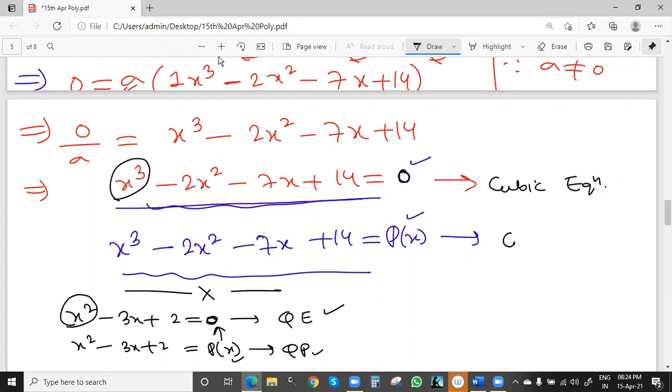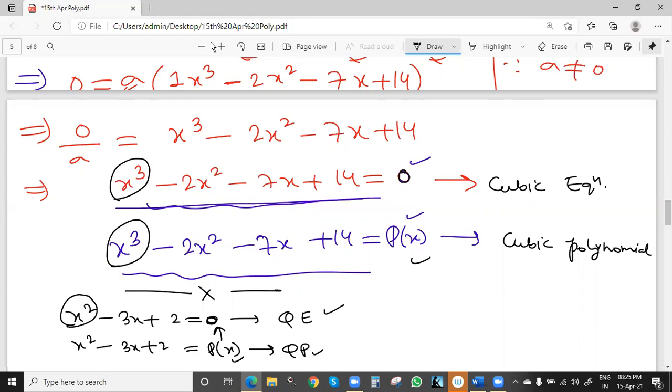And this will be a cubic polynomial. So the final answer will be this one: px will be a cubic polynomial in terms of x, x cube minus 2x square minus 7x plus 14. Correct, because the degree is 3, that's the cubic polynomial.